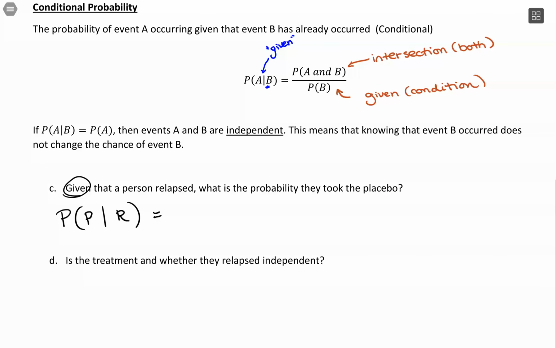Now, in terms of notation, just to tie it to that formula that I showed up above, what we're technically doing is taking the probability of both over the probability of what was given. So that's where we're seeing that 20 in the numerator for that idea of how many were in both, out of our probability of the given, which was relapse, which is this 48.